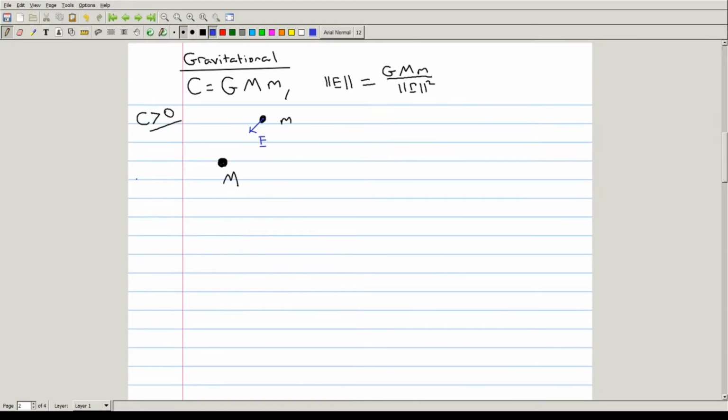In the electrostatic case, it's a little bit more complicated, but it's not that much more complicated. In the electrostatic case, C is equal to negative electrostatic constant times charge 1 times charge 2.